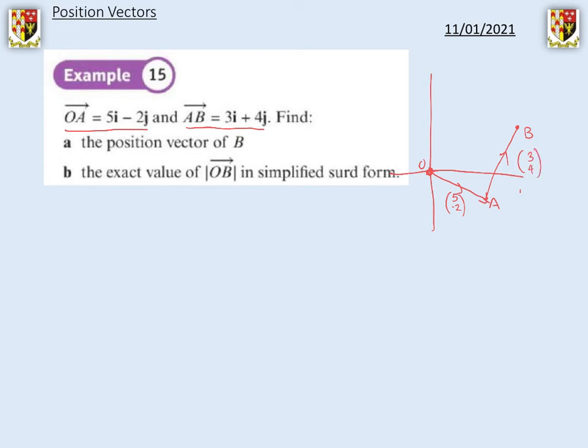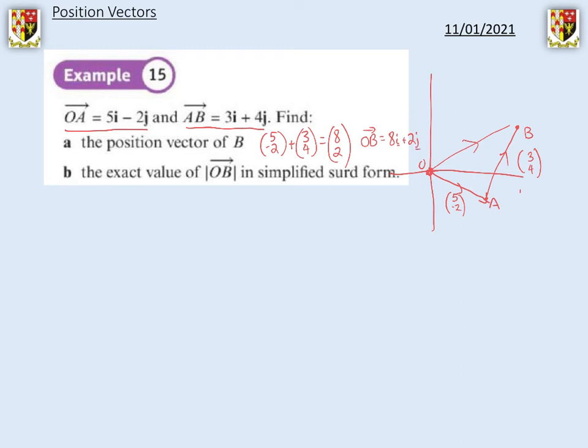So if I want O to B, I could just add those 2 vectors together, and I'll have 5 plus 3, which is 8, and minus 2 plus 4, which is 2. So O to B is equal to (8, 2). However, I'll just write it in ij notation, so it's going to be 8i plus 2j.